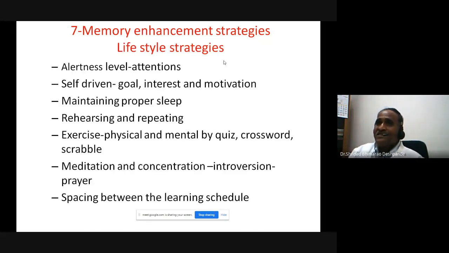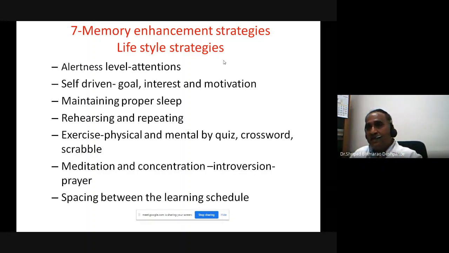Now, the lifestyle strategies. You increase your attention level, your alertness. That is one point: when you want to have a good memory, you be attentive. The second is that memory is to be achieved by being self-driven. It cannot be forced upon you by the teachers or the parents or somebody else.